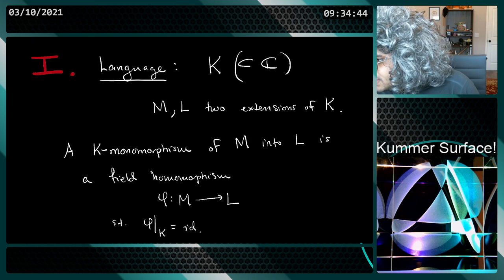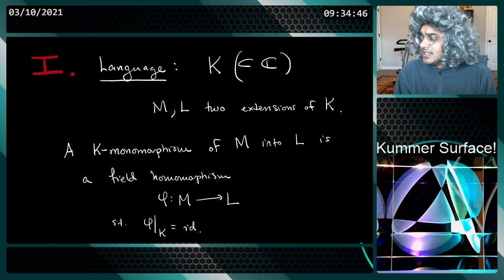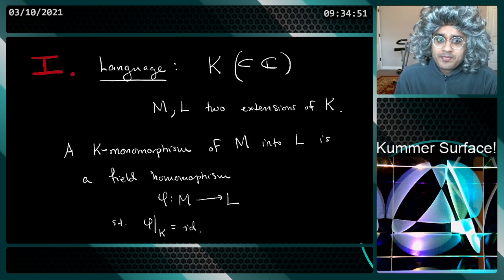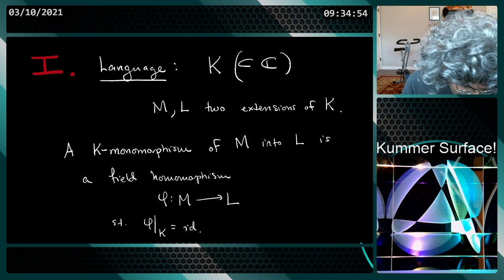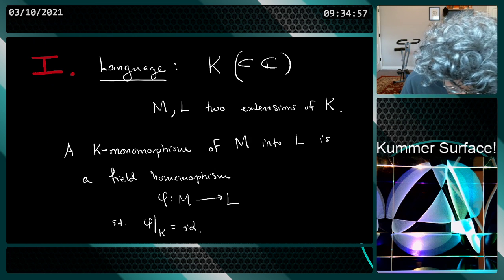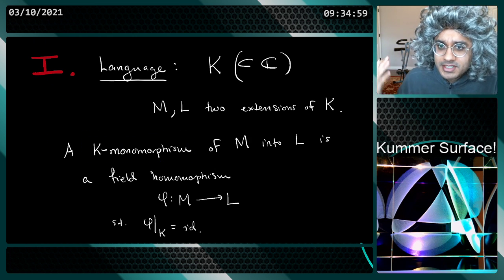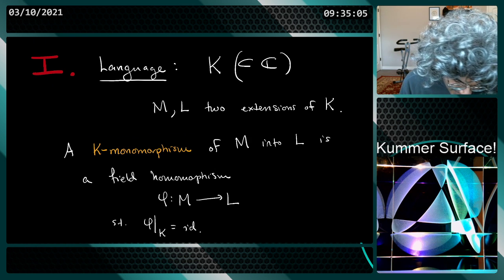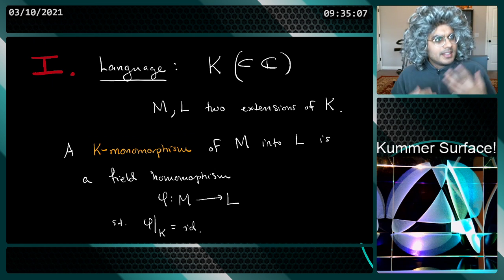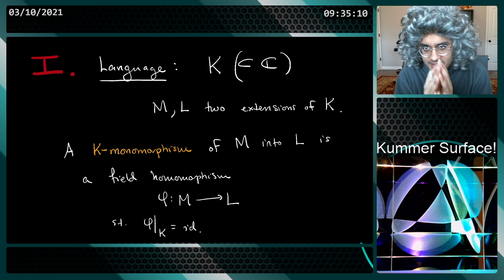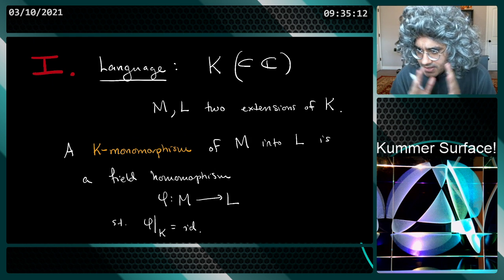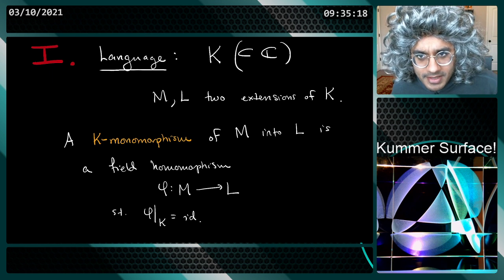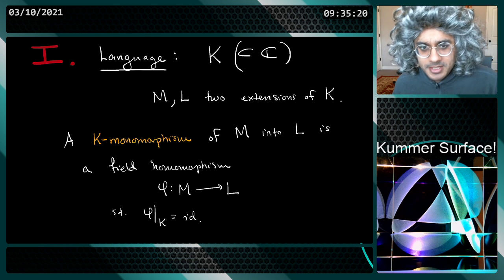Doesn't do anything to the subfield K. And that's what the prefix K will mean, universally throughout the class, or throughout most of these algebraic subjects. When they put the K out in front, it means a thing that preserves this K, that fixes this object pointwise. That's a common language scheme that you'll see.